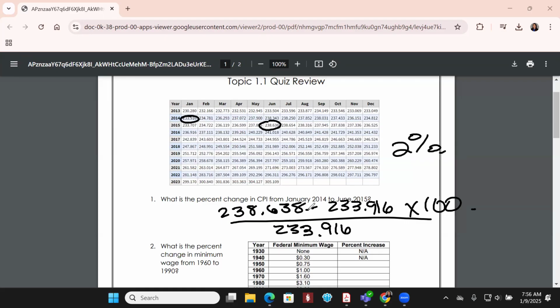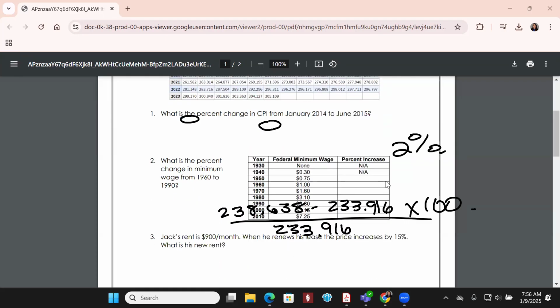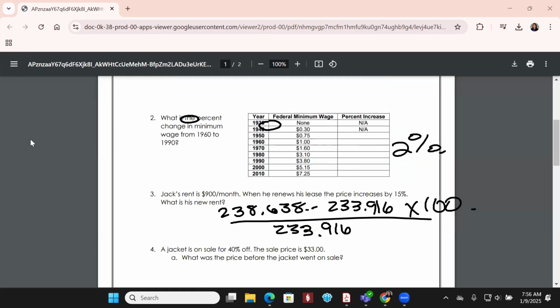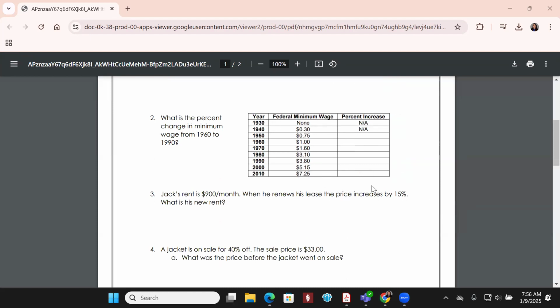Yeah? Okay. All right, on the next one, they tried to trip you up with this table. Okay? You weren't supposed to go in and just do all of them. You are finding literally from 1960 to 1990. So these 2 numbers, okay, and then we're plugging in 380 minus 1 divided by 1 times 100. What'd you get? 280.